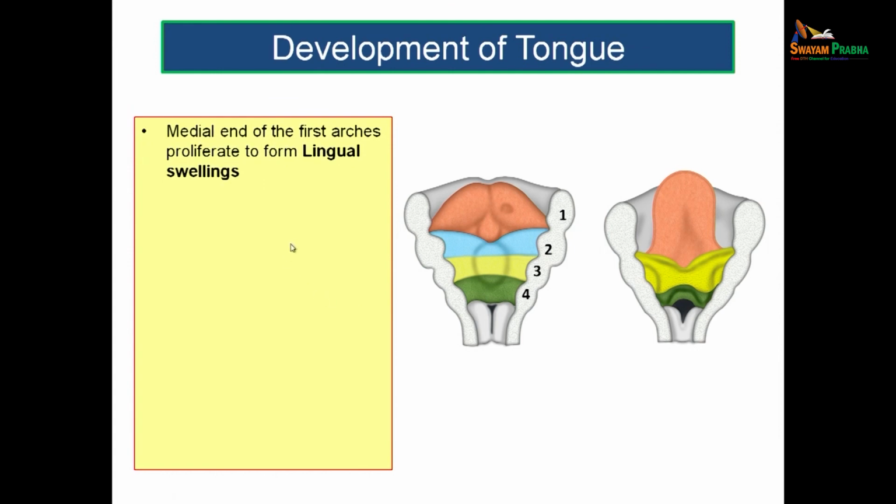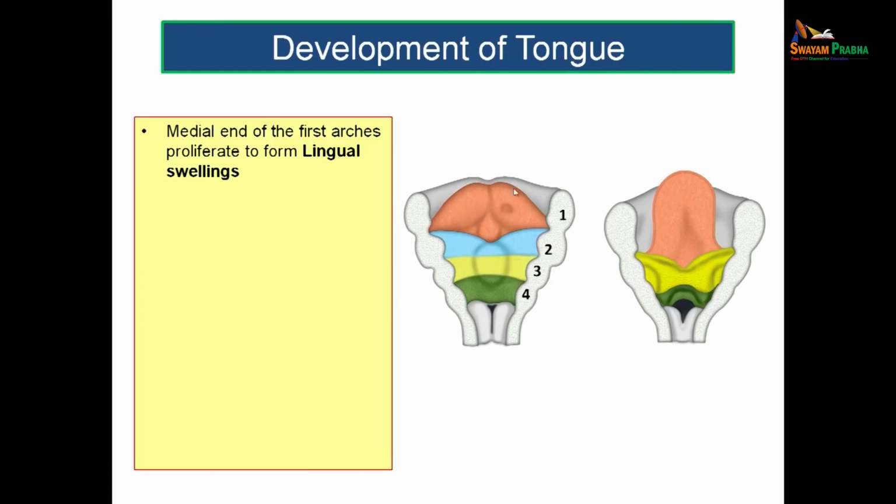At this juncture we will discuss the development of the tongue as well. This is actually the floor of the pharynx as viewed from the inner aspect. You can see the pharyngeal arches on either side. These are the cross sections of the pharyngeal arches. Now concentrate on the first arch. This is the medial end.